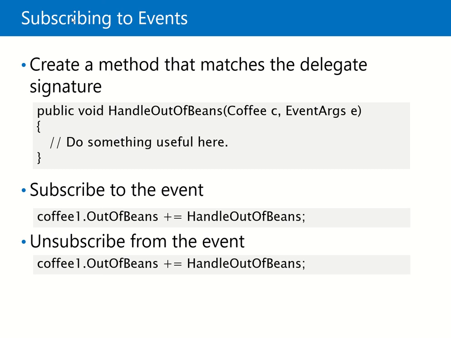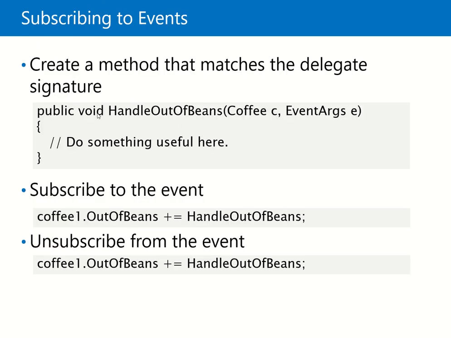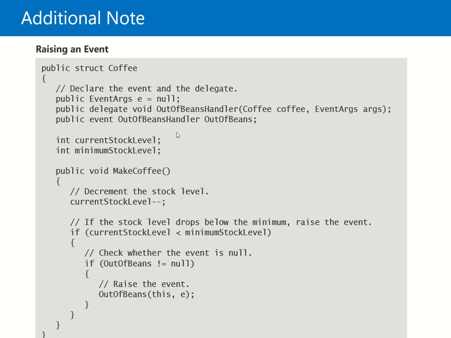Now after you create the constructor for the structure, let's see how you subscribe to the event. To subscribe to the event, you create a method. Remember just now you had a delegate.